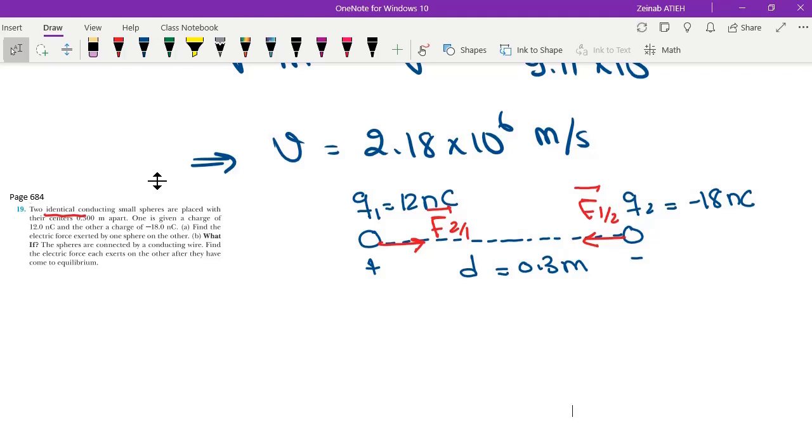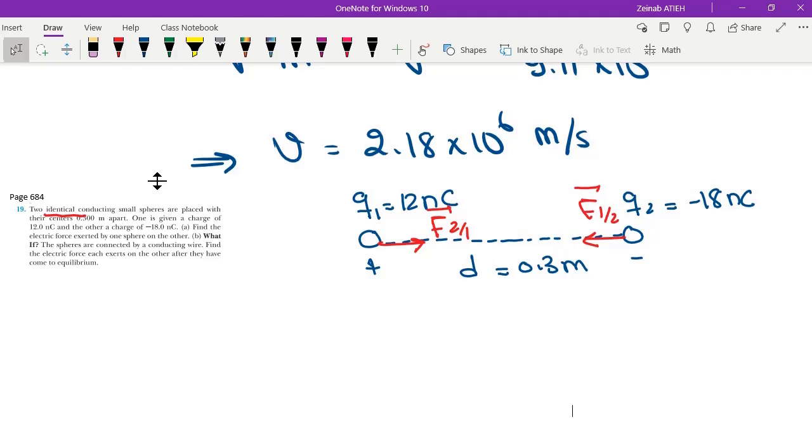So when he says identical conducting spheres, the word identical means that both of them have the same material, same size, same shape. Identical doesn't necessarily mean they are charged the same. Each one I charged in a different way. I gave it a different amount of charge, but they are identical in their shape and in their material.